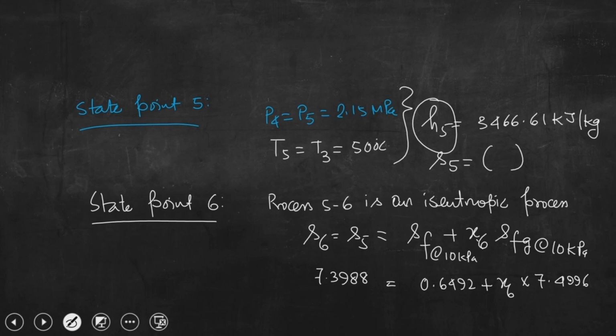From there we can calculate X6 equal to 0.9. So, this is 7.3998 kilojoule per kg Kelvin, and this will come here. Okay.